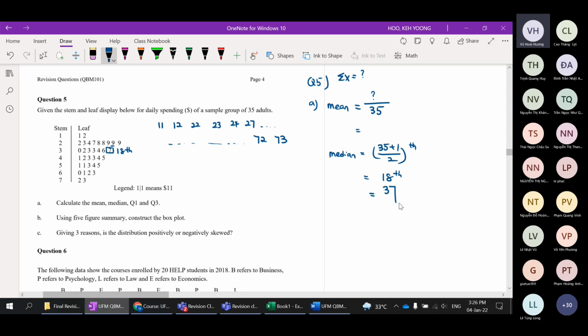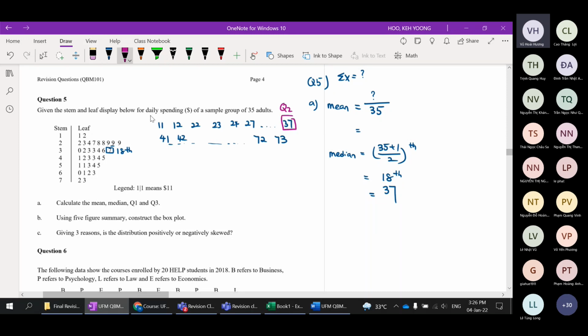How many values are there before your median and after your median? So 37, then 41, 42. This is the median, Q2.